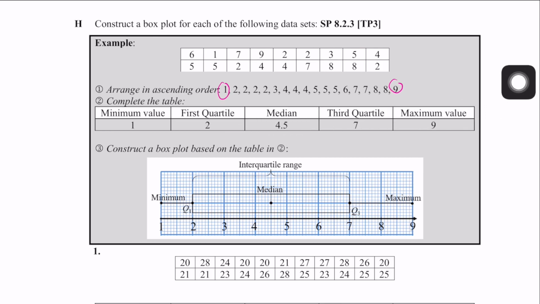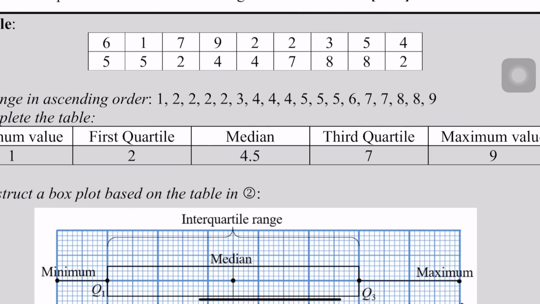We can use the method we used previously. 1, 2, 3, 4, 5, 6, 7, 8, 9. So this is the middle. So 4 plus 5 divided by 2 is 4.5. So that is the median.